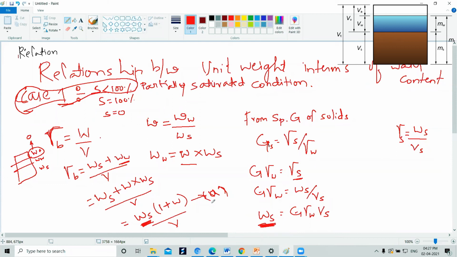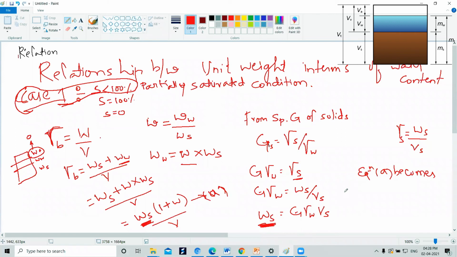Put in the equation A. Now equation 1 becomes equation A. What will we get?